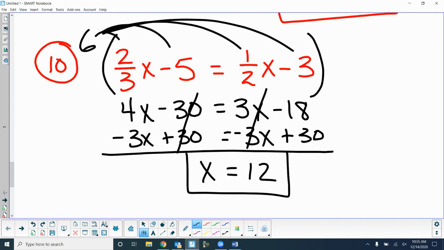Questions about the first 10? Okay, so as long as you're doing what you did today, you should be ready come Thursday. Tomorrow when we get here, I'll tell you to work on 11 to 20.